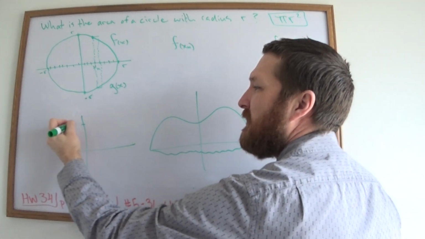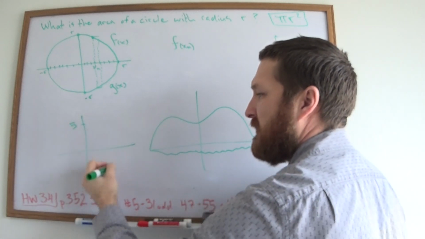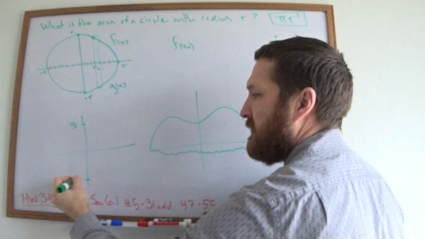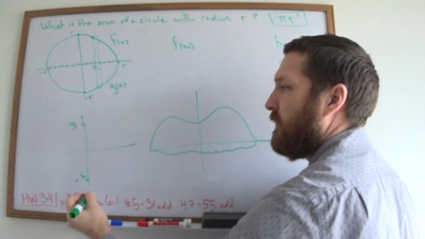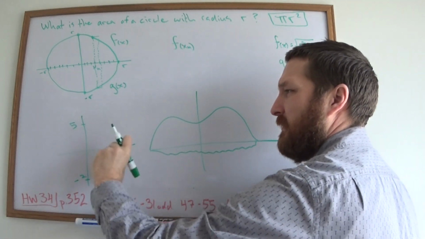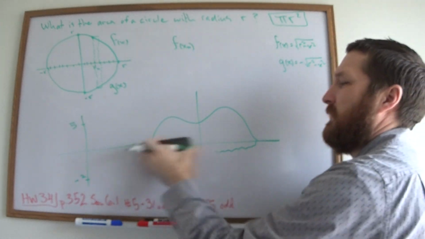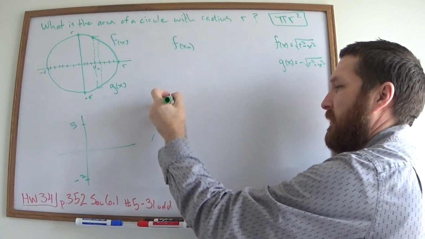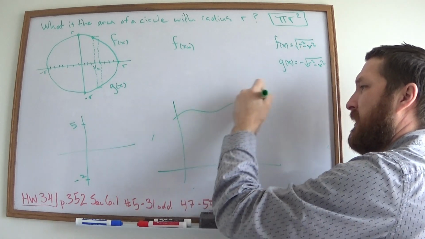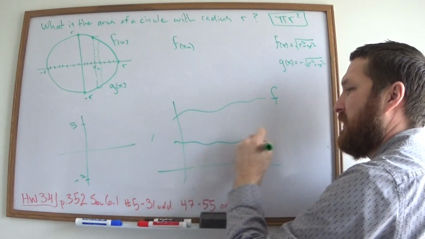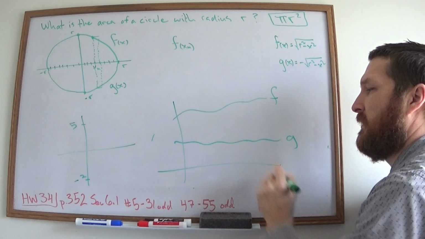If this, let's say the height is 5, and down here the height is -2, if I add them together... And now here's another thing. What if, thinking about my general function, my f is up here, and my g is down here.